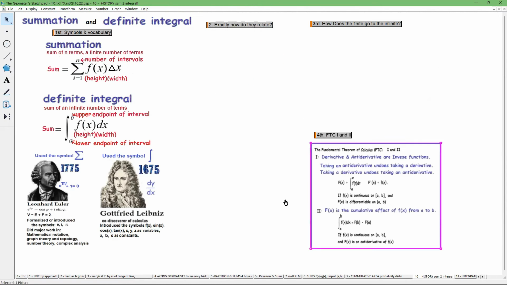Fundamental theorem of calculus. I'm not even going to bother with it. You can read it. I think you know it.